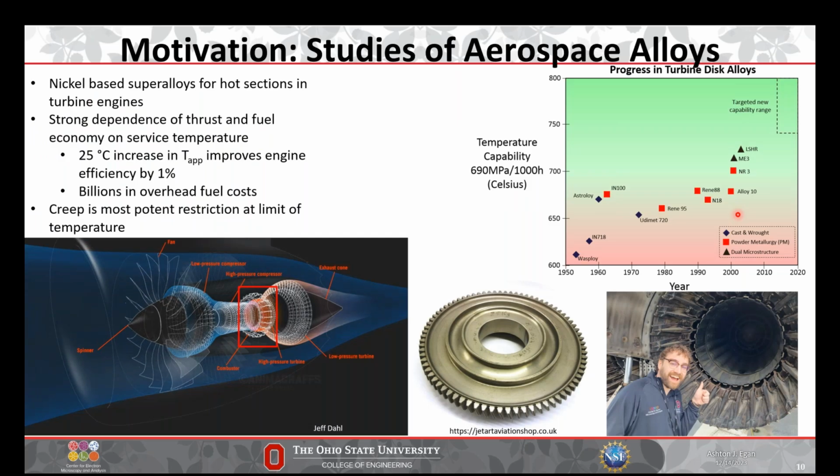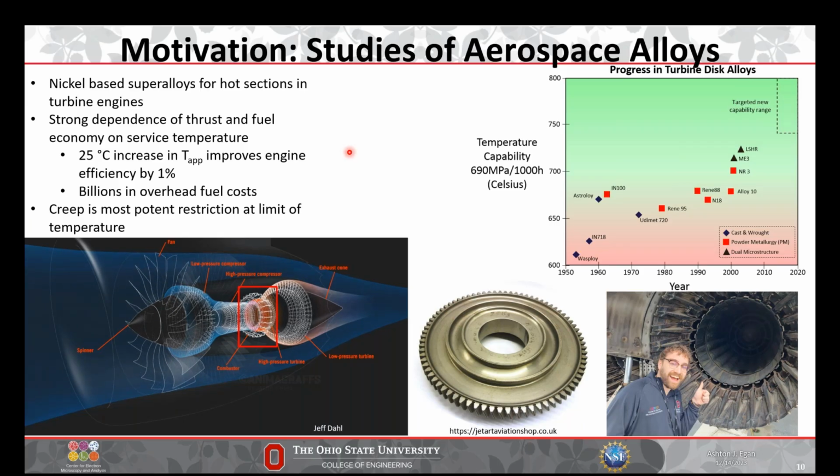So back to superalloys. Why do we study aerospace alloys at all? And so the reason basically is performance, right? Nickel-based alloys specifically are used in the hottest section of jet turbine engines. So therefore, they have a very strong dependence on the thrust and fuel economy of these engines, right?